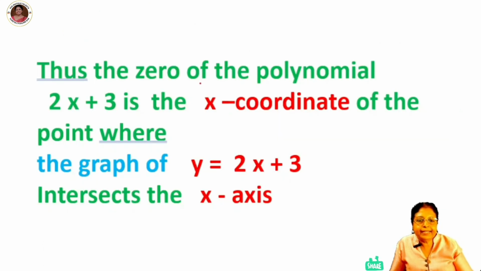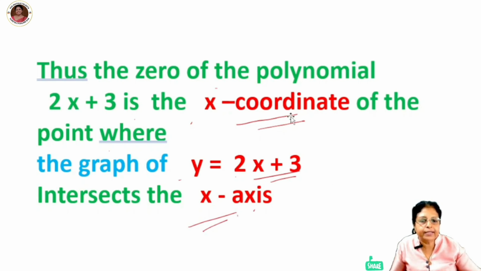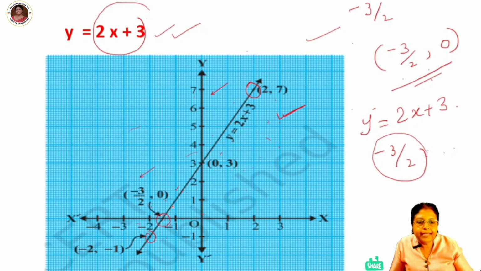Thus, we can say the zero of the polynomial 2x plus 3 is the x coordinate of the point where the graph y equal to 2x plus 3 intersects the x-axis. Have you understood? Are you following?